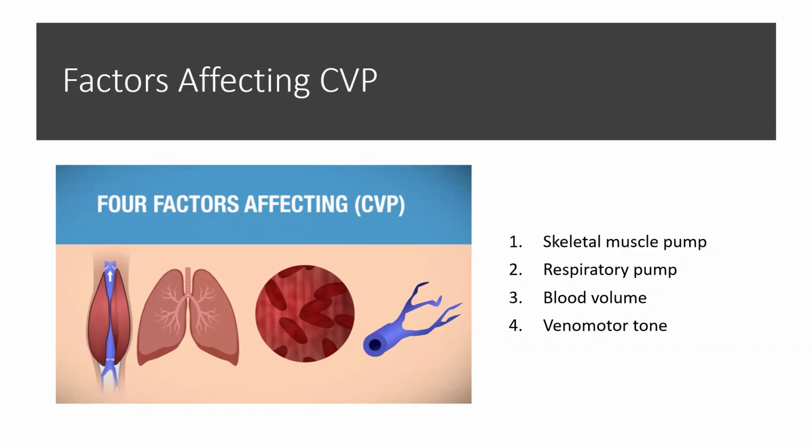Epinephrine is a vasoconstrictor, both arterial and venoconstrictor. What would happen to your CVP? It would increase. Very good. And that is the reason why venomotor tone is a very, very important factor in altering CVP.